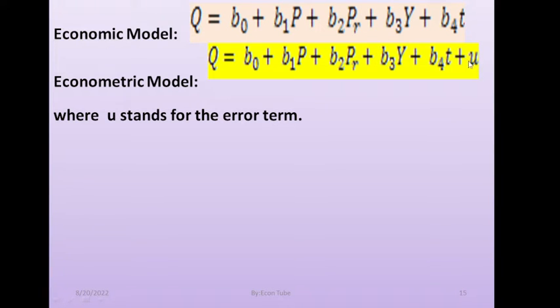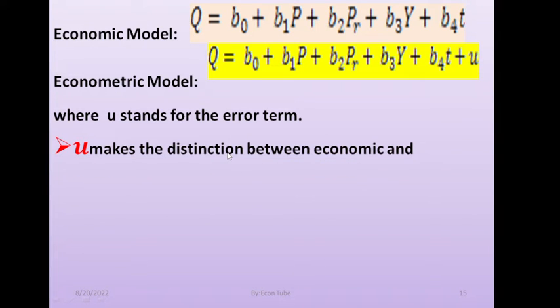When we add the u at the end, which is the error term, it means there are other factors that can determine quantity demanded but are not included in the equation, which are covered by the error term u. U stands for error term. If you add u to the economic model, we get the econometric model, which is the second equation.